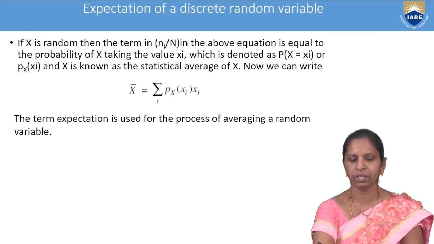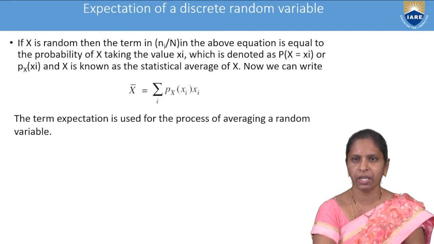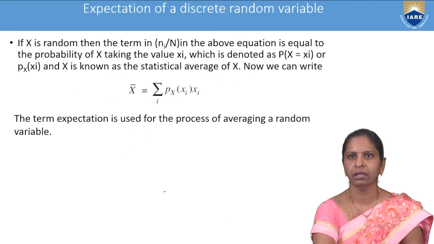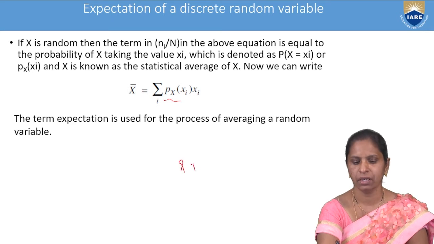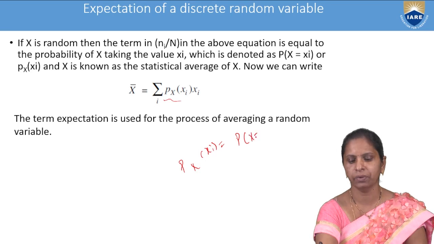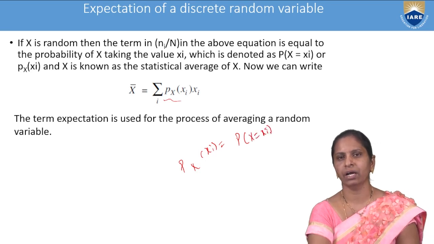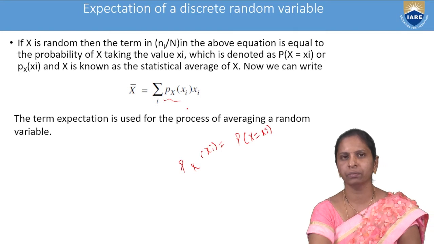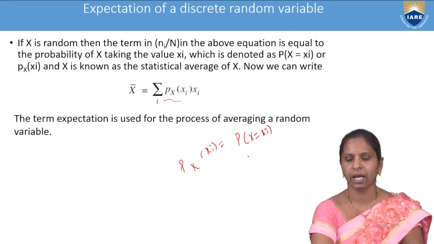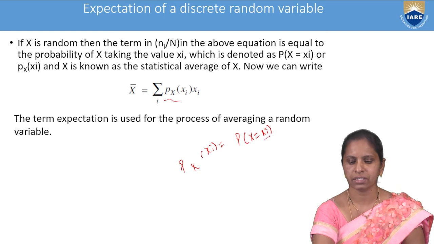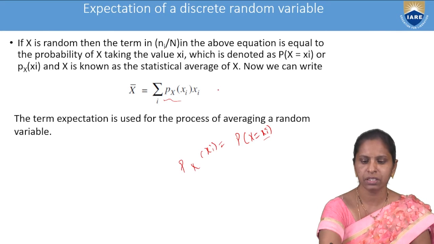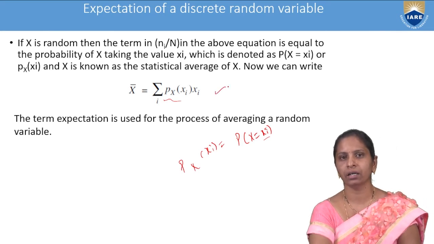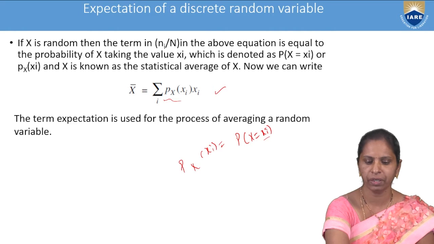So when you involve with a random variable, then you can replace this term ni by n by Px of xi. Here, what does Px of xi represent? It represents the probability that the random variable x takes the value xi, a particular value of xi. So this is called as the mean or the expected value of random variable x.